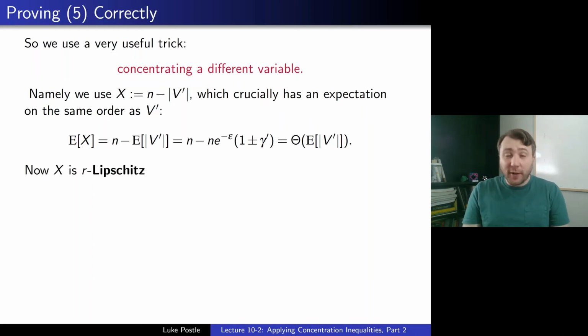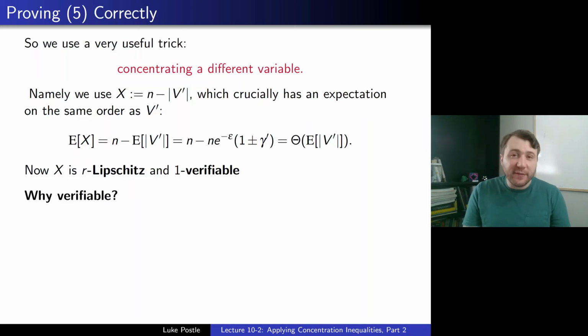So x is Lipschitz, right? It's the complementary variable, the covered to the uncovered. And so, again, changing an edge will change whether our vertices are covered or uncovered. It's the same, it's Lipschitz. The key question is, is it verifiable? And I claim it's verifiable. So how does that work? Why is it verifiable? Again, you might want to pause the video and think about why the covered are actually verifiable.